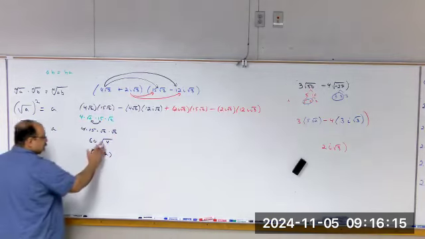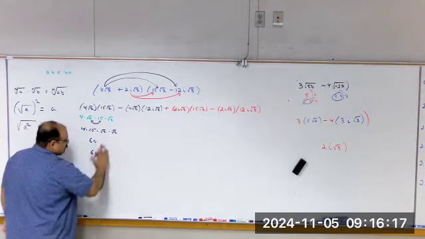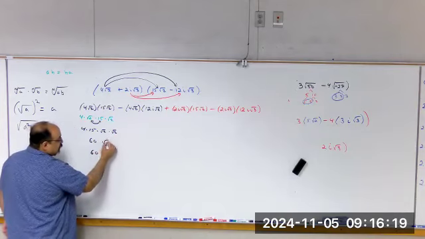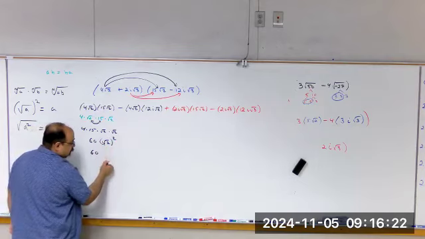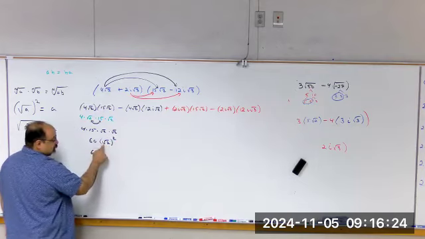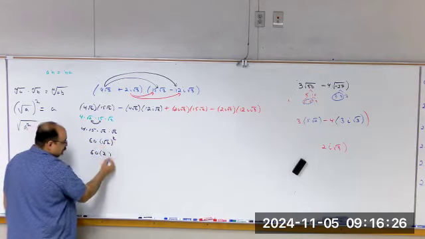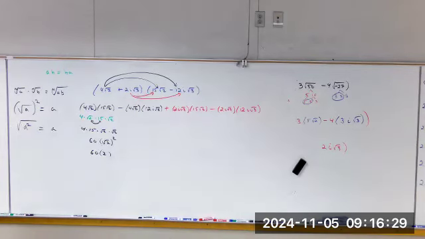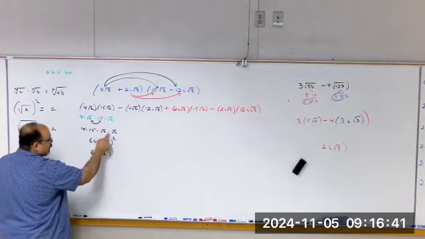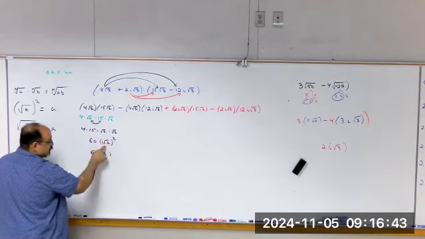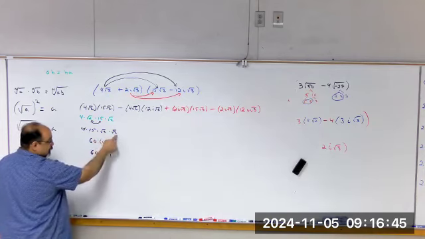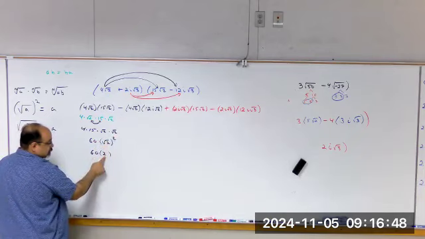Or you can look at it as square root of 2 times square root of 2 is square root of 2 squared, and the square root of 2 squared is just 2. So no matter what, when I multiply this square root of 2 times itself, you're going to square that square root because it's the same number, and you're just going to get that 2.